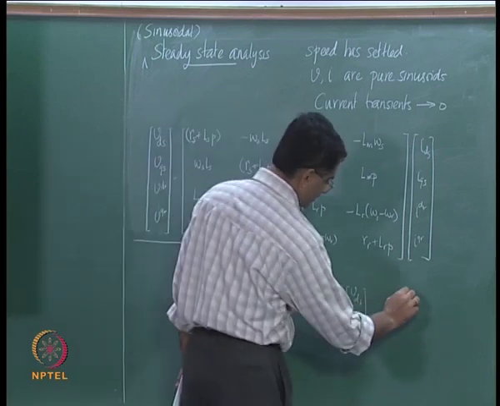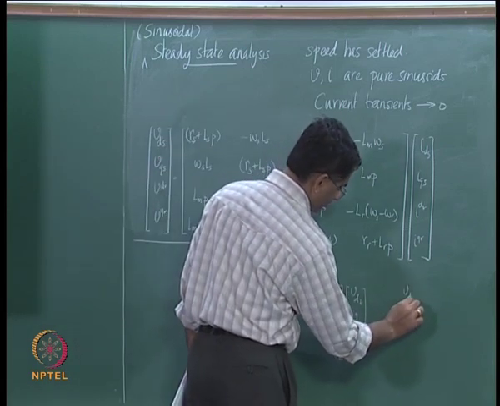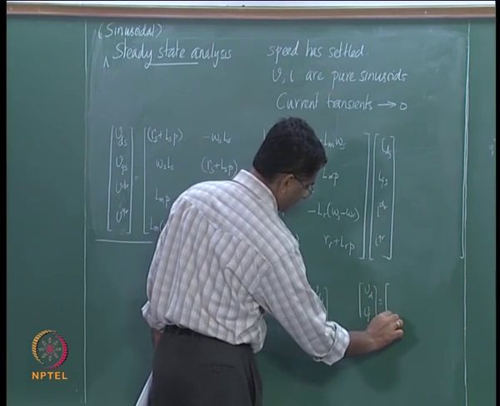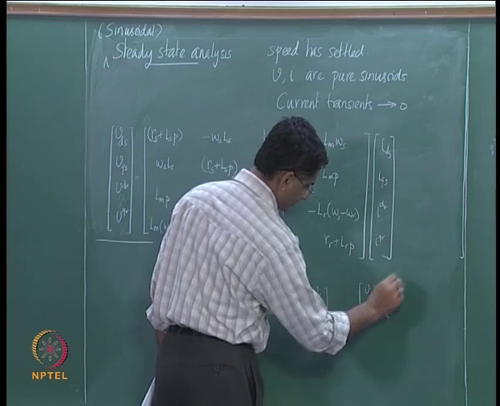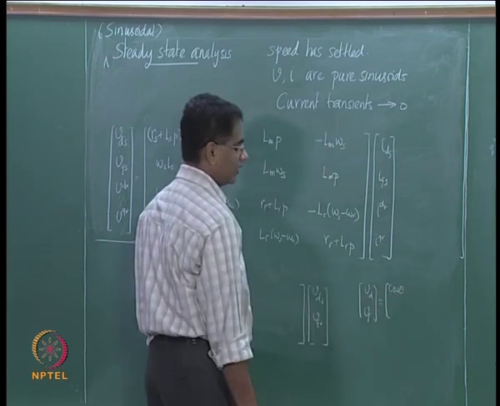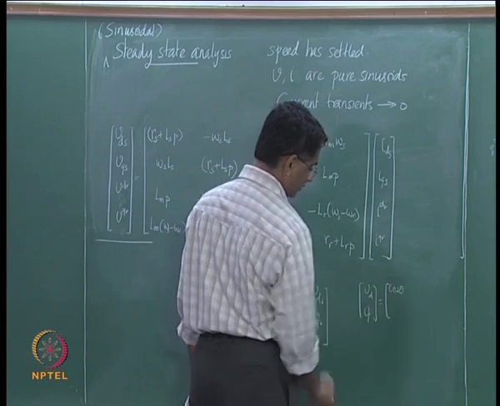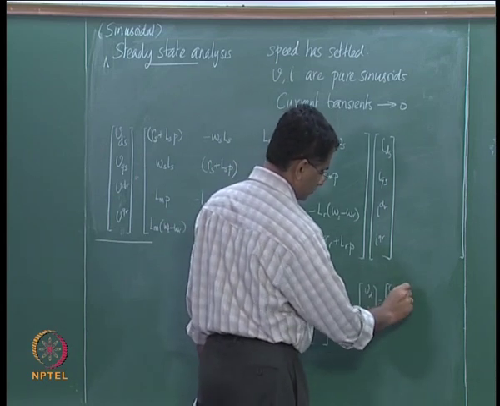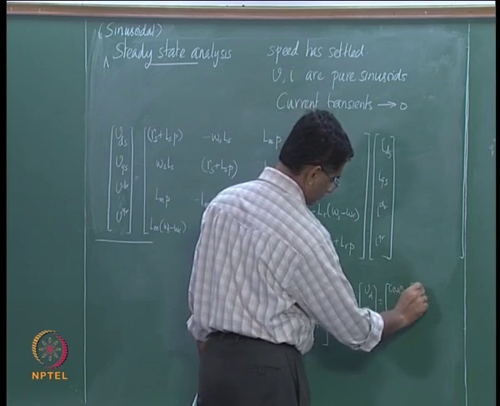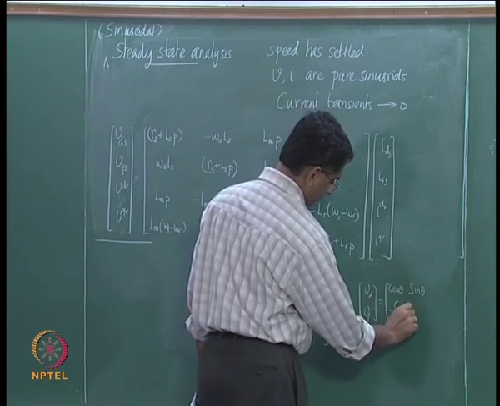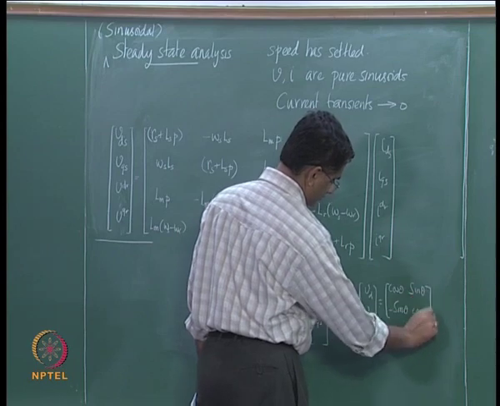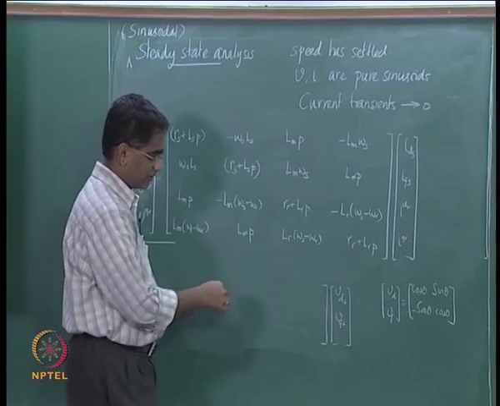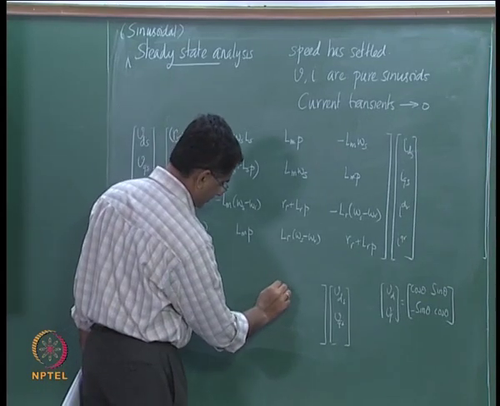You remember that the transformation VD VQ from alpha beta was cos theta and then sin theta minus sin theta and cos theta. So in this case, when you want to invert this, you will get the transpose of that matrix.